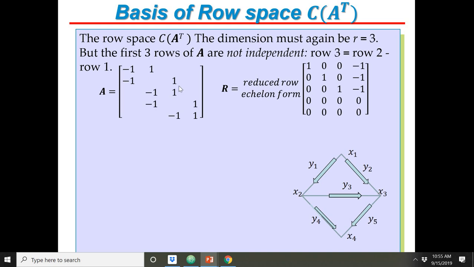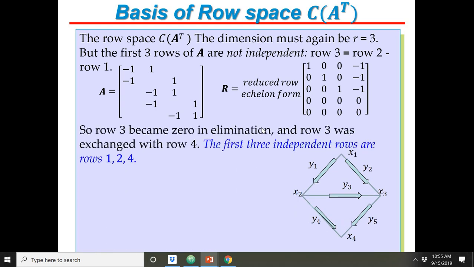All right, so row 3 is a dependent row, which means when I do row elimination, most probably with row exchanges, row 3 has been moved to the bottom. It's one of these 0 rows. So effectively, in this particular problem, the independent rows are rows 1, 2, and 4, not rows 1, 2, and 3.